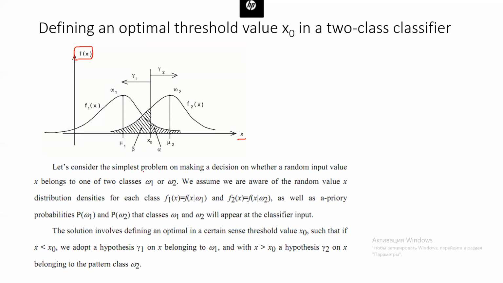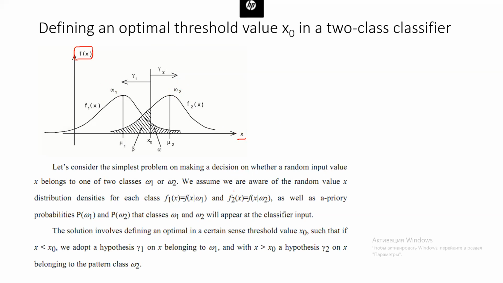And let's consider the simplest problem of making a decision on a random input value x, which belongs to class 1 or 2. Omega 1 is objects from class 1, and omega 2 is objects from class 2.